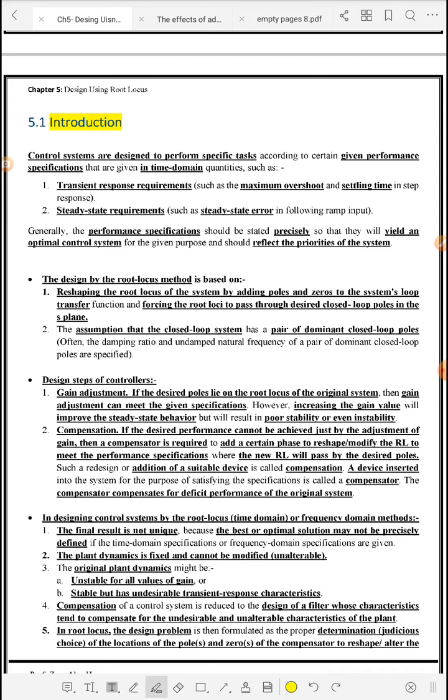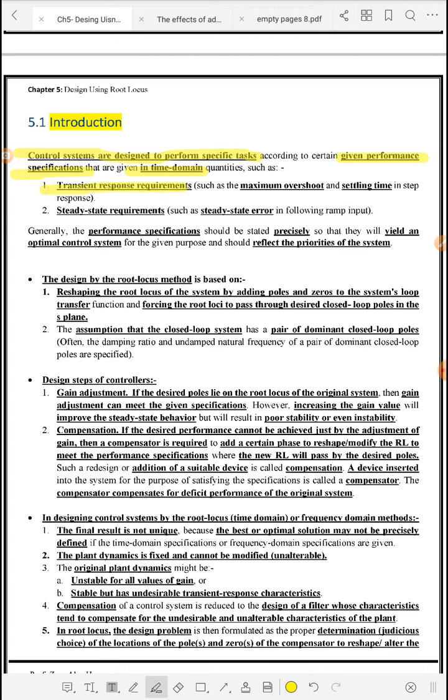And here we are repeating this fact that control systems are designed to perform certain tasks, and those tasks are given as performance specifications in time domain. Those specifications are divided into two categories.